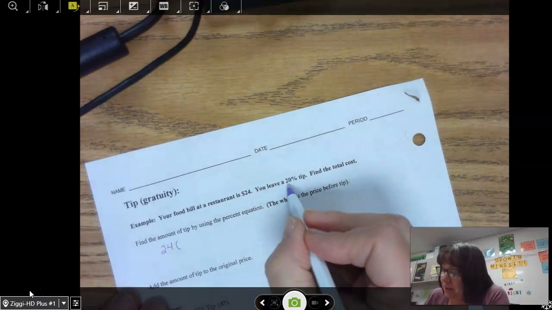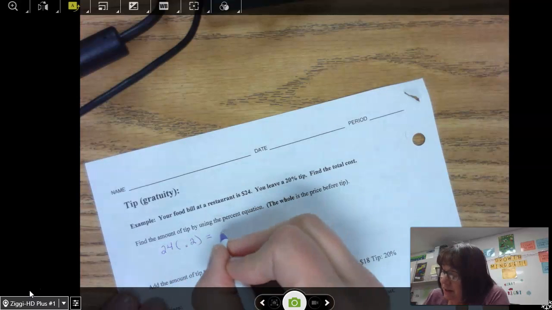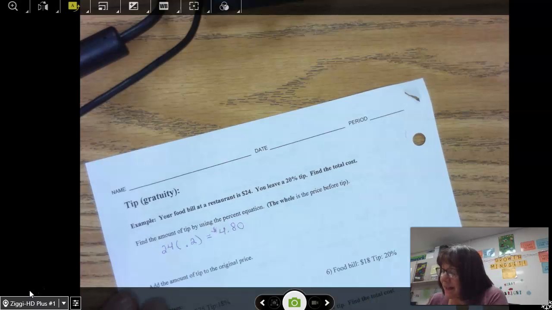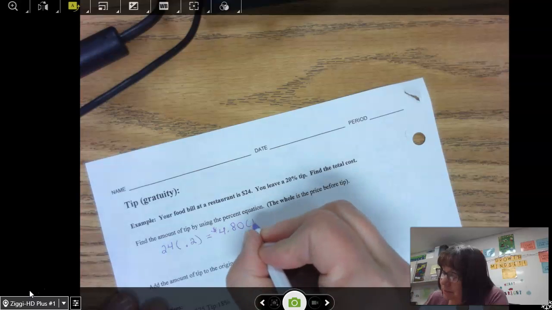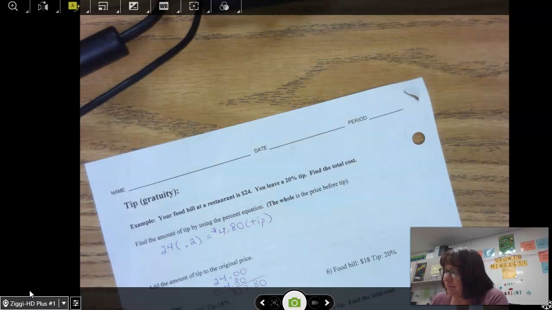When I move the decimal over 2 places, I get 0.2, which tells me that would be $4.80. That's my tip. So now I'm going to add the tip to the price. The price was $24. I'm going to add the $4.80 tip. And now I paid $28.80 altogether.